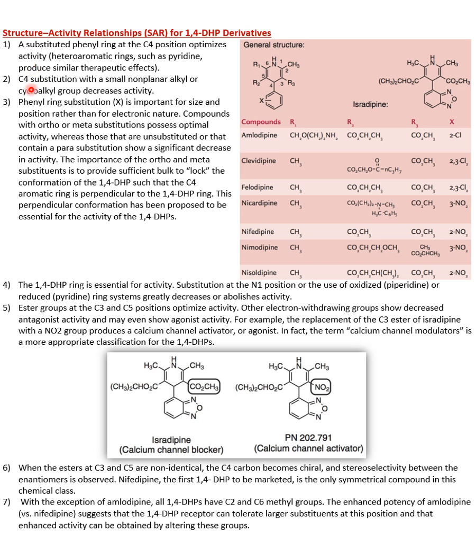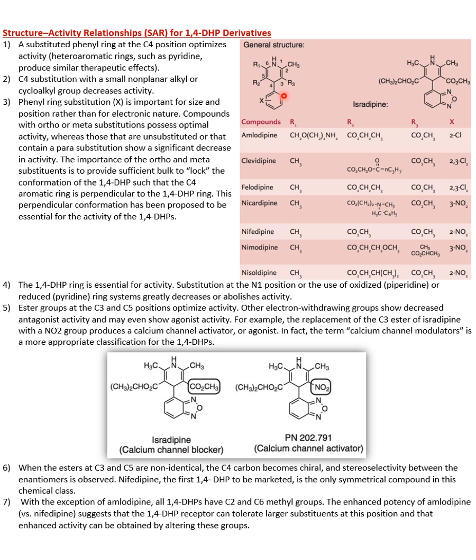And then the next point here is actually a very interesting point. Basically it says that if we add groups at the ortho or meta position of this ring, by the way, this position here is called ortho, this is called meta, this is called para position.